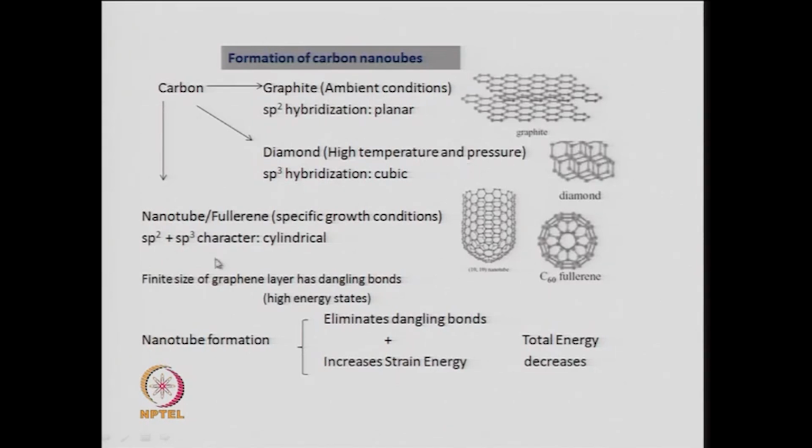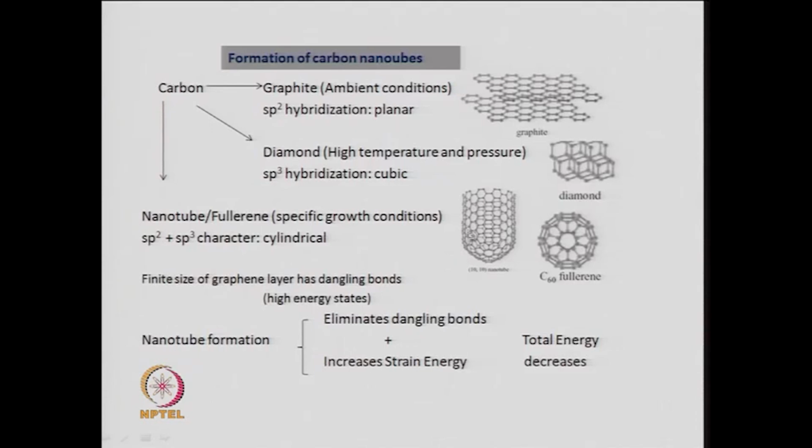So you see graphite can be obtained in ambient conditions, diamond can be obtained under high temperature and high pressure conditions. For nanotubes or C60 type of molecules, we need very specific growth conditions, and in both nanotubes and the other fullerenes like C60, C70 etcetera, the carbons have both sp2 and sp3 character, and then we get these cylindrical structures as shown here.